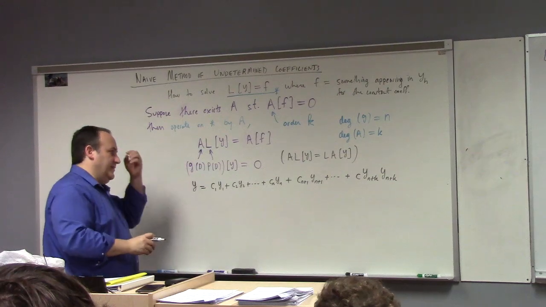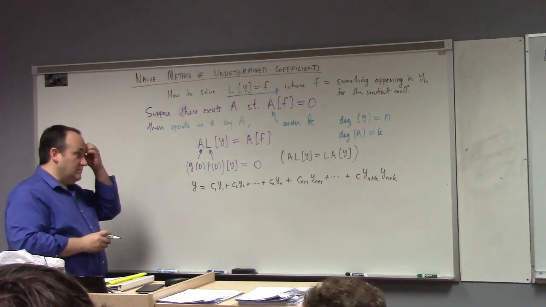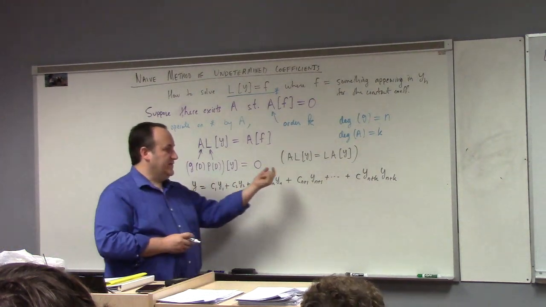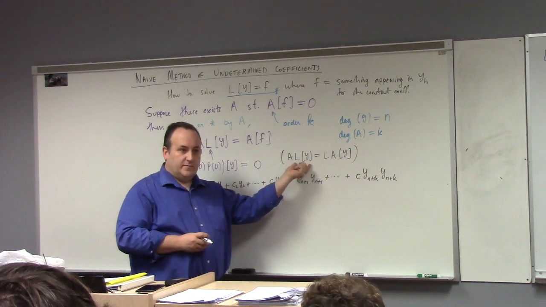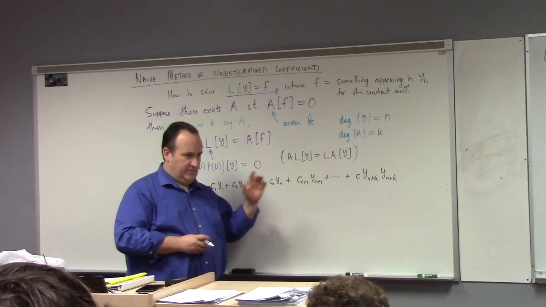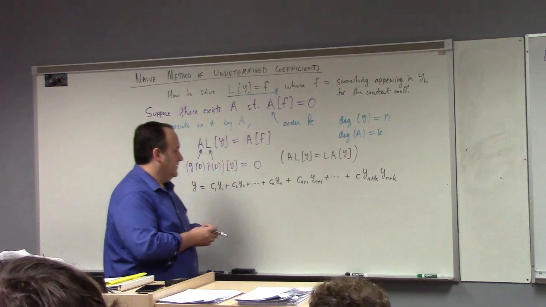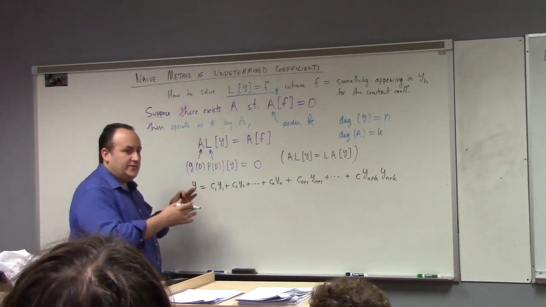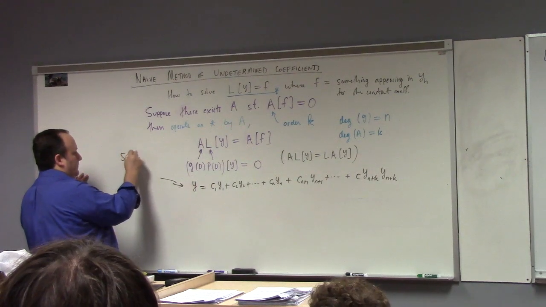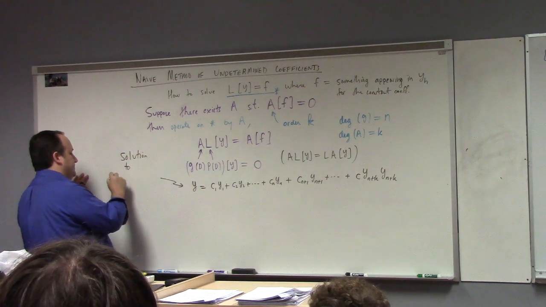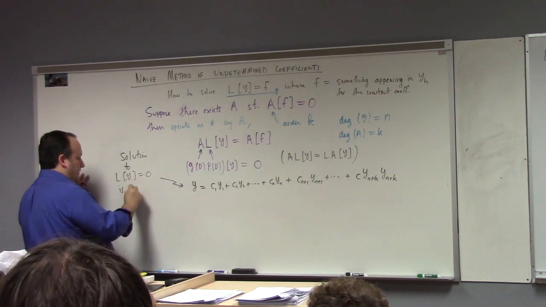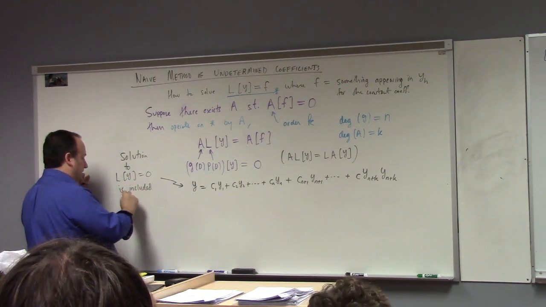So what that tells me, among other things, is that the homogeneous solution set to this problem must be contained in this general solution, right? Let me say that again. The solution to L of y equals 0 is included in this. And that's not the part we're interested in, right?